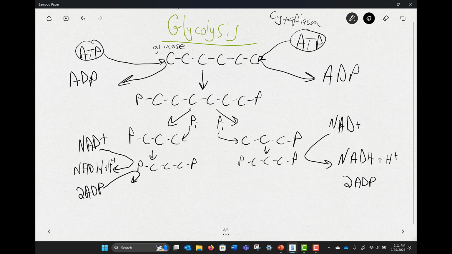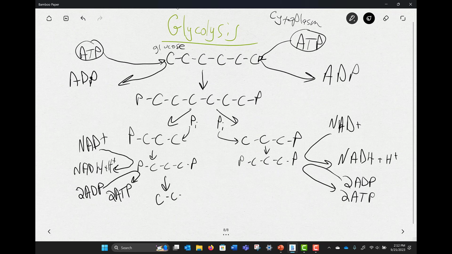We're going to move those phosphate groups off of the 3-carbon compound onto the ADPs. What do we get? We get 2 ATPs. We've just made some energy. Same thing over here. We're going to take those phosphate groups and stick them on the ADPs so that now we have 2 ATP.